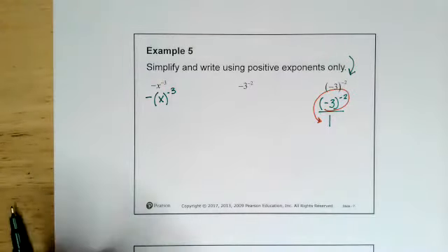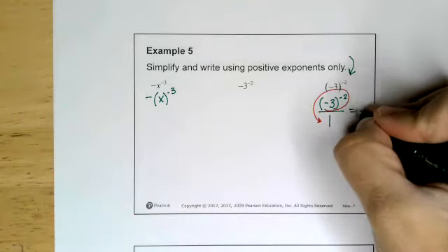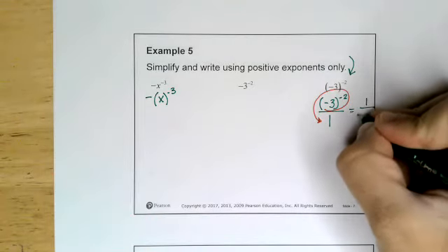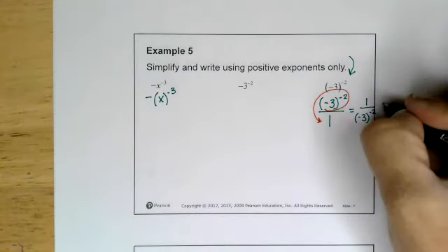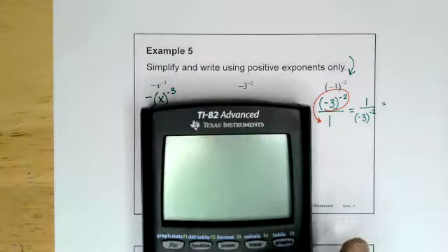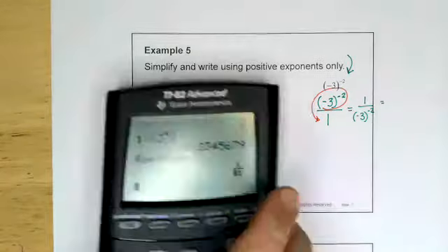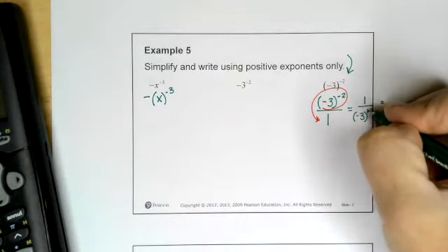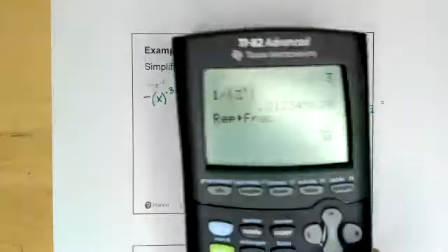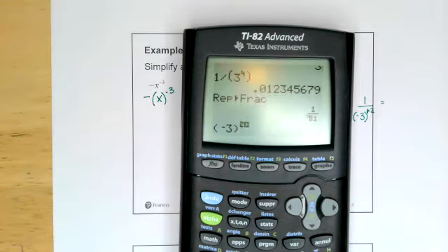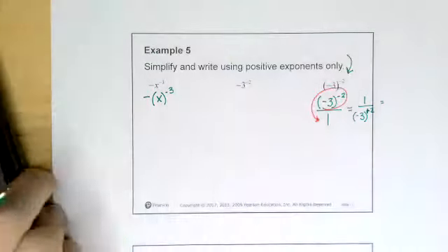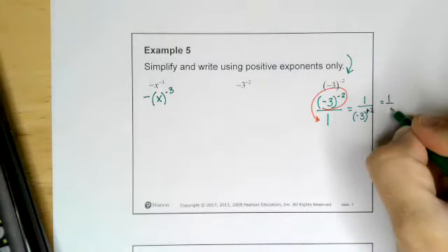All right, so I'm going to flip these. 1 over -3 to the 2 power. And then I can just put that in my calculator. Oh, sorry, now it's positive 2. So sorry. Okay. -3 to the second power is 9.